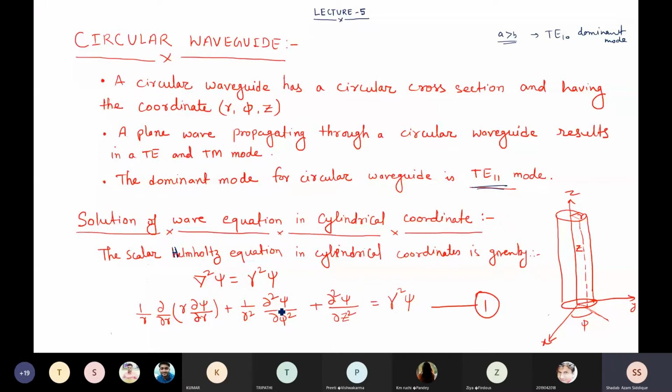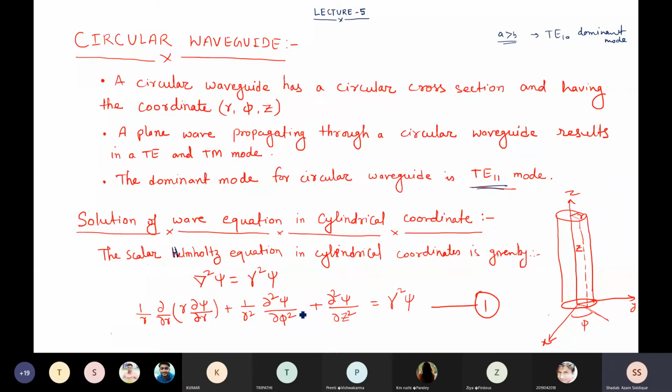So we will use the variable separable method, and the solution will be assumed to be a function of r, phi, and z, that is psi of r, phi, z, in the same way as in the rectangular coordinate system.